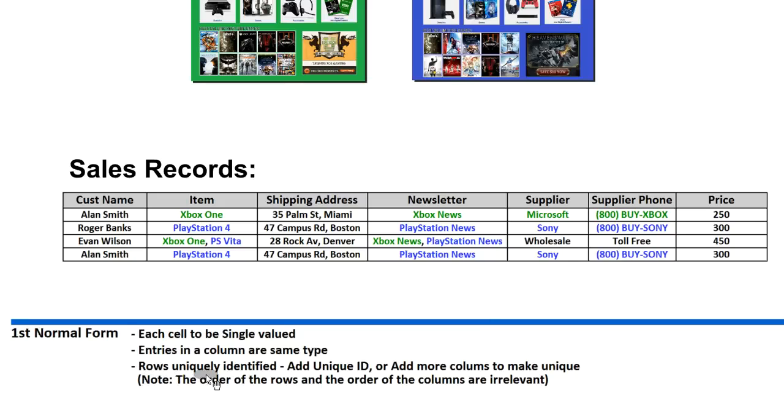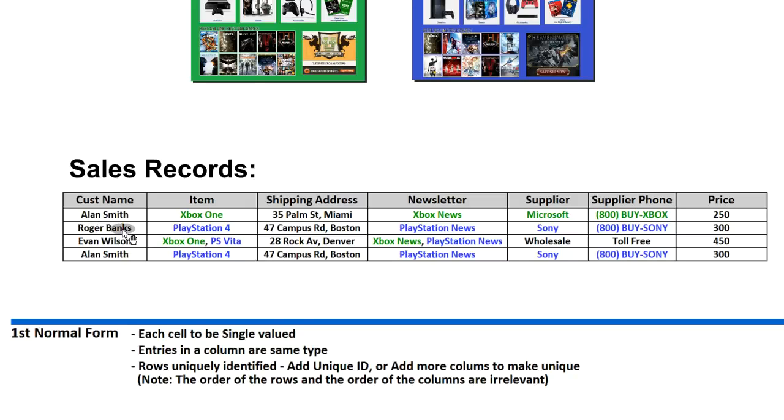Also, rows uniquely identified. Either add a unique ID or add more columns to make the rows unique. Well, these rows, there's no duplicates in these rows, so they're unique in a way, but there's still a question about this Alan Smith. This Campus Road in Boston happens to be housing for a college.